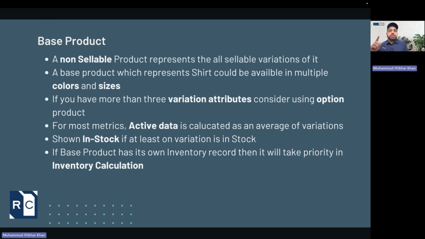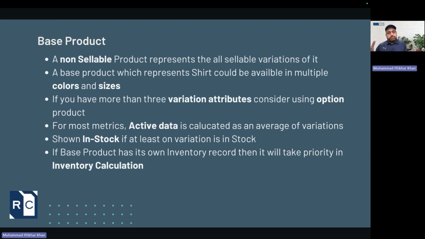We call this a variant. And the base product for all these variants is defined as a template object. The template object will contain all the common attributes among all these variants. And the attributes which are different, like color and size, for example, those attributes will define the variant itself.